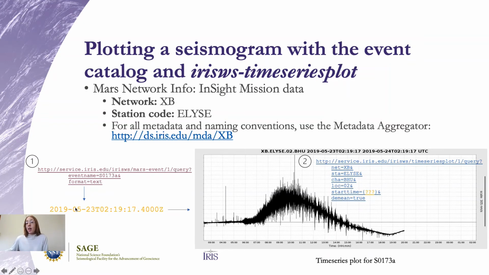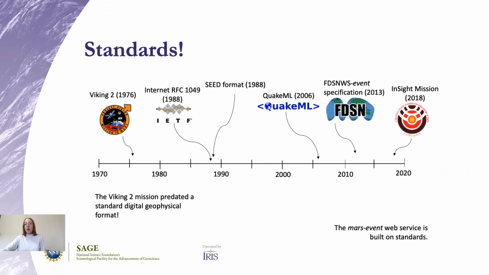You can use the service to get the start time of the event and input this into the time series plot, which accepts not only time bounds, but also identifier information at the channel level: network, station, channel, and location information.